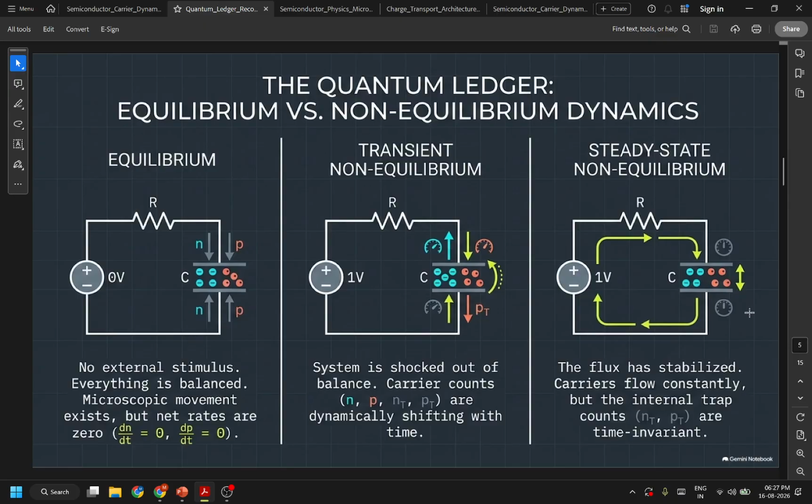Carrier counts N, P, NT, PT are dynamically shifting with time. So all of them are changing with time. Then we come to steady state non-equilibrium. So the flux has stabilized. Carriers flow constantly, but the internal trap counts are time invariant. So they are not changing with time.